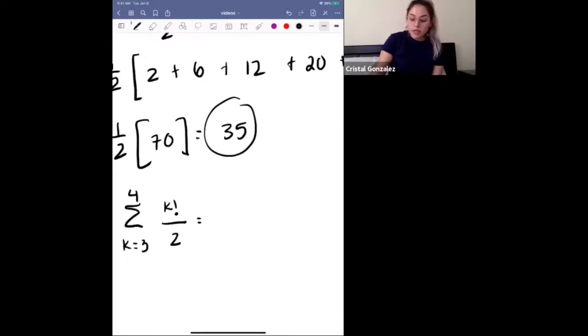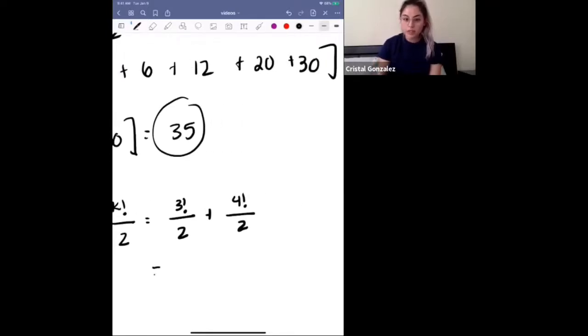So if I'm starting at 3, I'm going to plug in 3 into K, and I'm going to get 3 factorial over 2. Plus, I already did 3, now I get to do 4, plus 4 factorial over 2. Then if we evaluate this, we'll get 3 times 2 times 1 over 2, plus 4 times 3 times 2 times 1 over 2. Remember that a factorial just means that you'll do 3 times 2 times 1, decreasing.